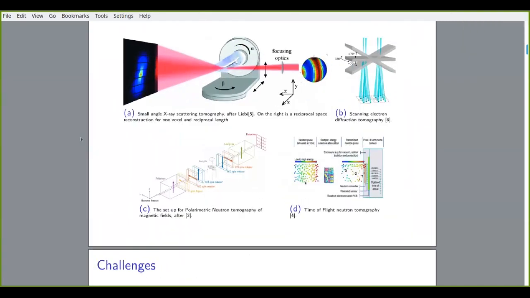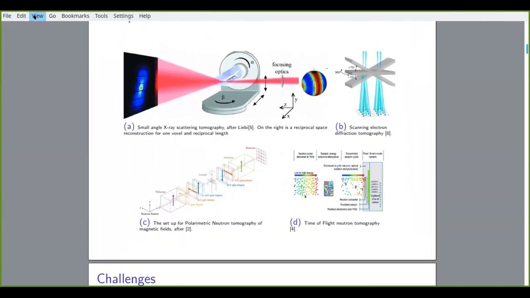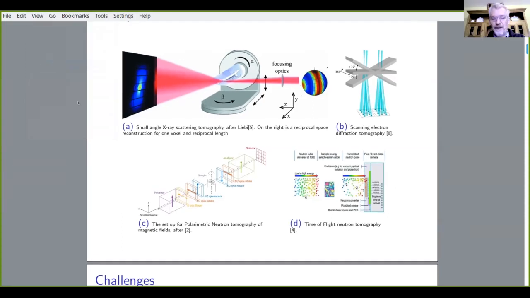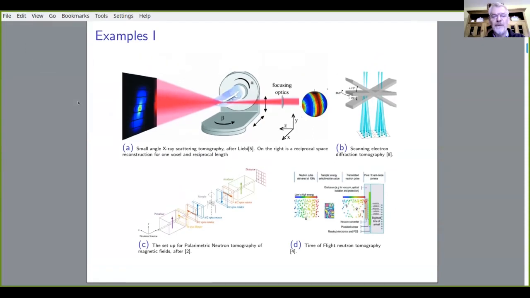No, it's too small. Then zoom up a bit. Yeah, that certainly looks better. Fit page. Simon, is the bottom visible now? It is. So I'll just stick with that size, and we'll have to live with the decoration around it. Okay. Sorry about that.